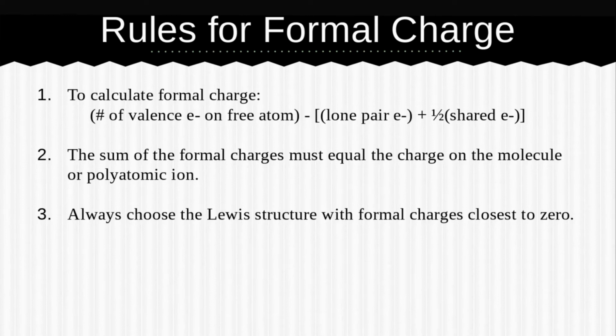So if they don't have zeros for their formal charges, and you need to compare them, the more electronegative the atom is, the more it will want a negative formal charge.